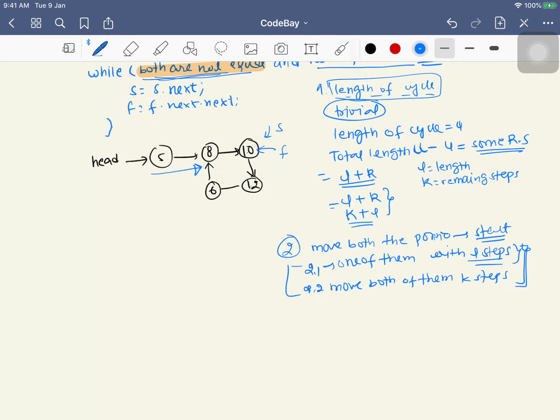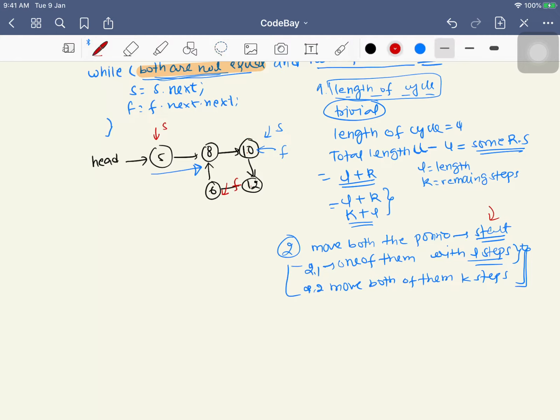First, slow and fast will be pointing to the start. Now we will move fast by the length of the cycle, that is 4. So 1, 2, 3 and 4.